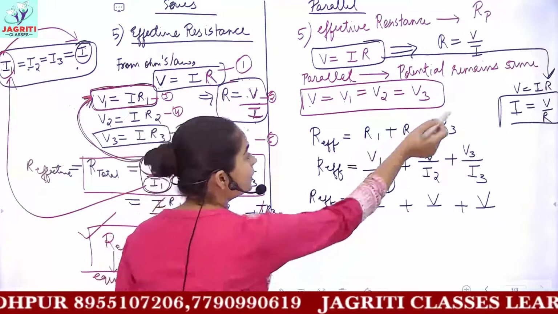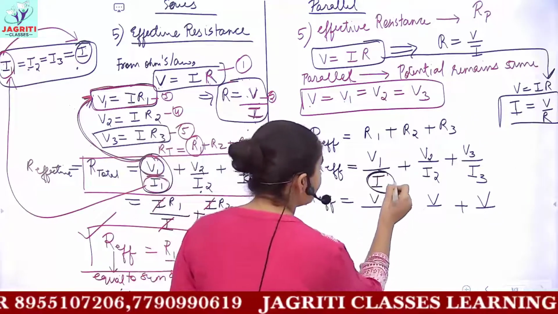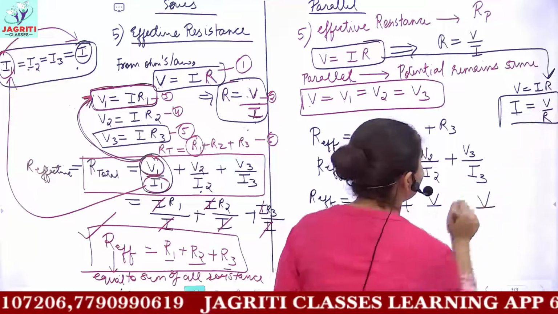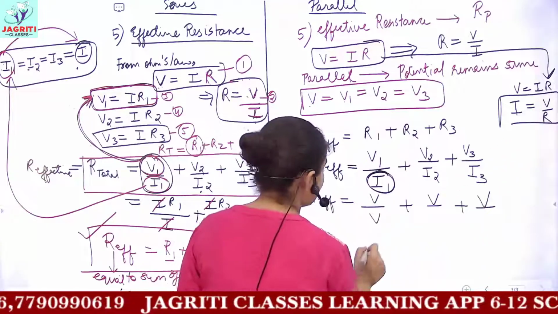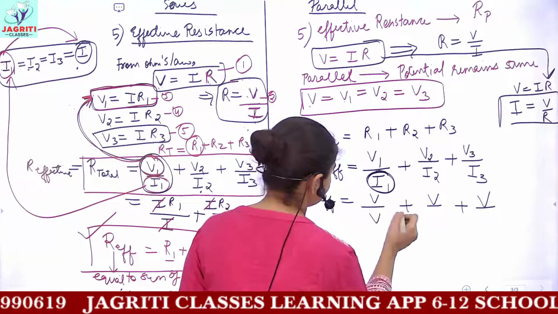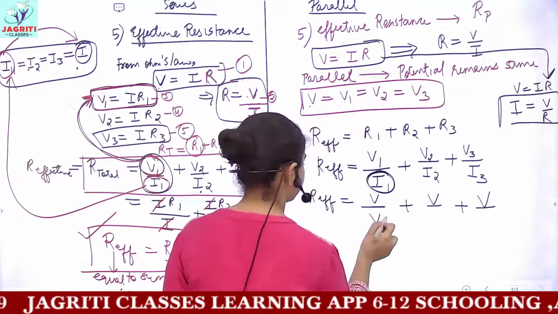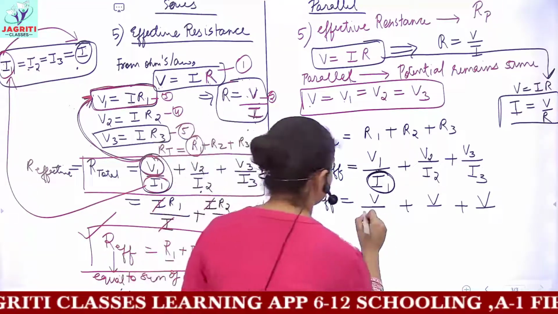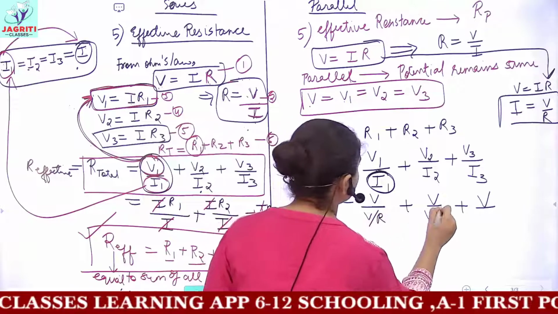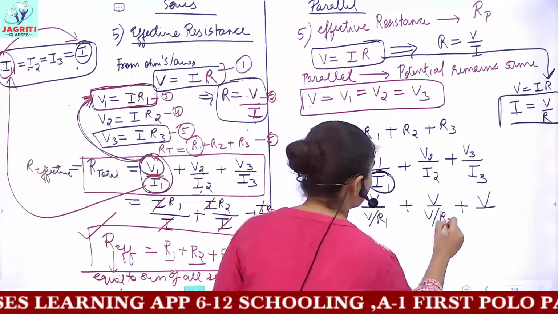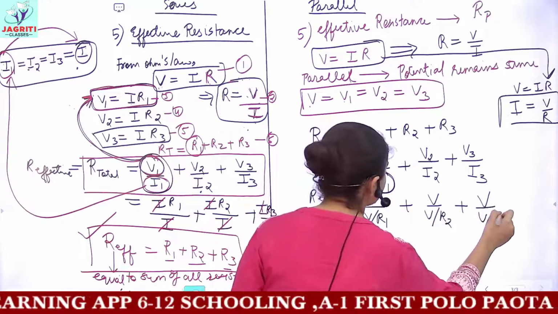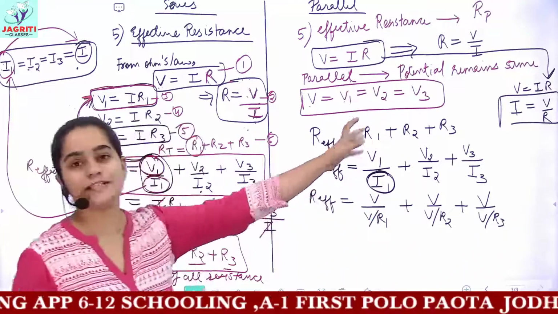So substituting this value, I1 is in the denominator, so I would write V multiplied by R. This would be V upon R1, V upon R2, and V upon R3, because the potential is the same for all.